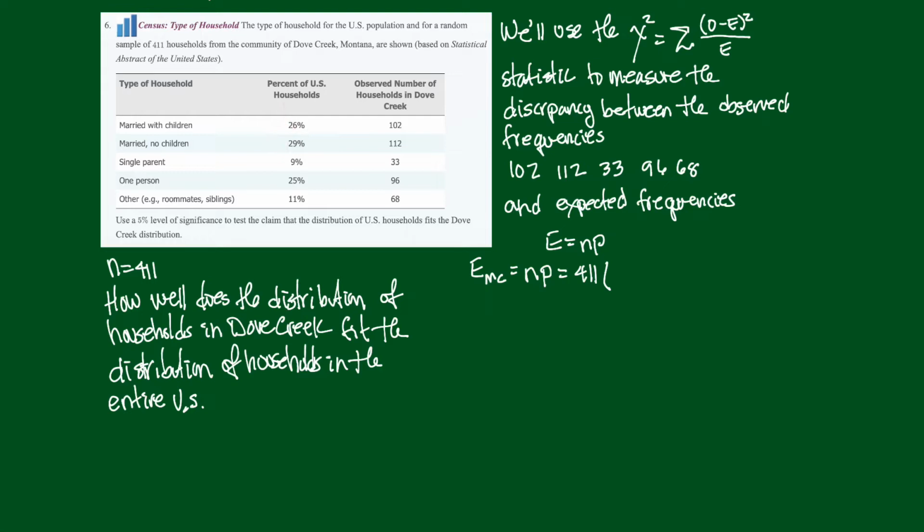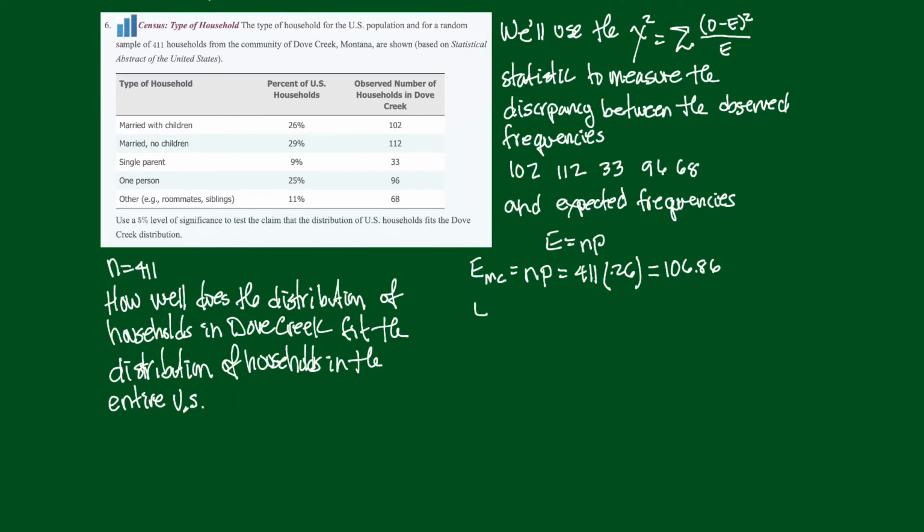That's 26%, so this is 0.26. And my calculator says that is 106.86.